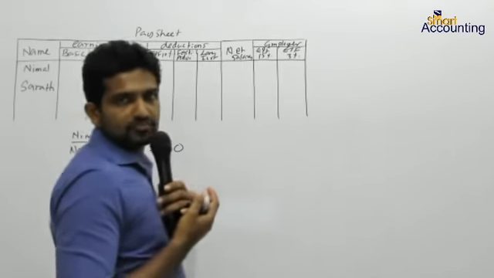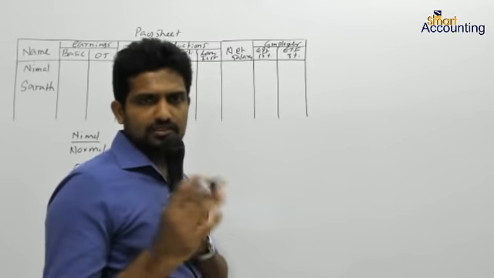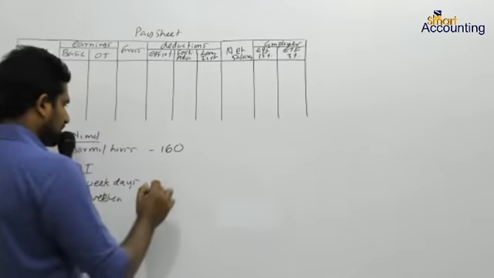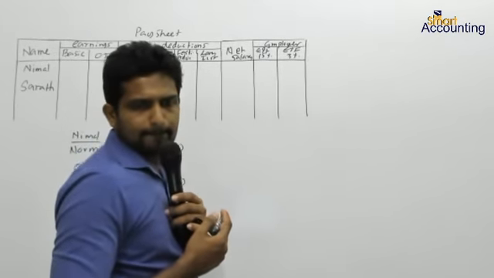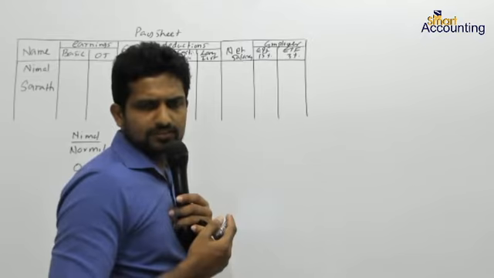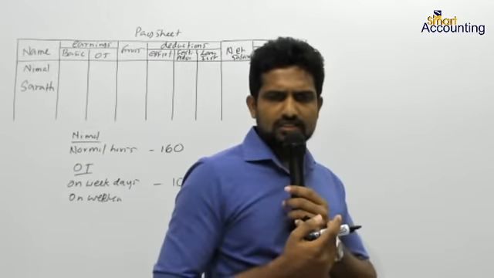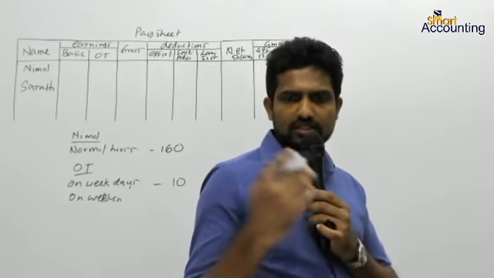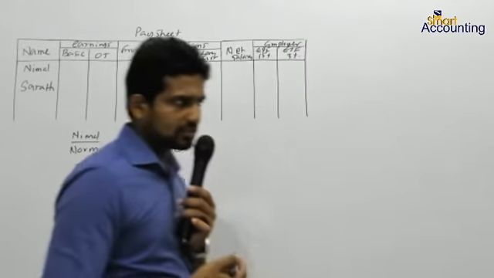On weekdays in the first week, 5 hours OT, second week, 5 hours OT, third and fourth weeks no OT, 10 OT hours. On weekends, in the first weekend he has worked 6 hours, second weekend 4 hours, third weekend 5 hours, in the fourth weekend no hours. Altogether 15 hours on weekends.